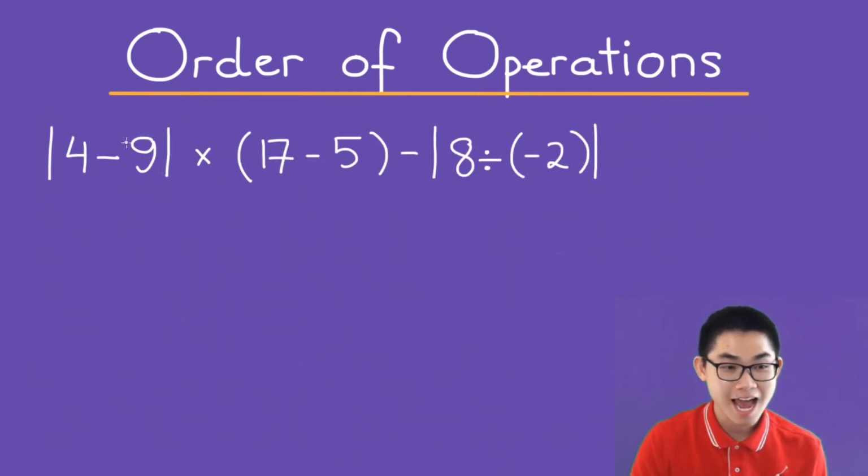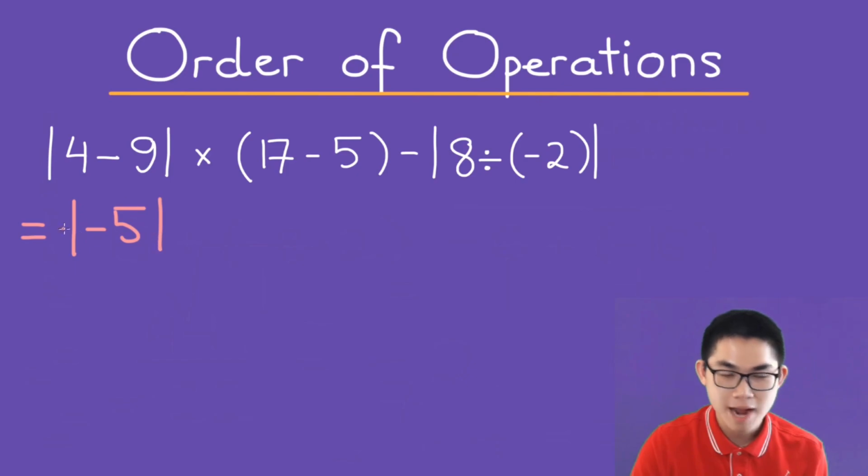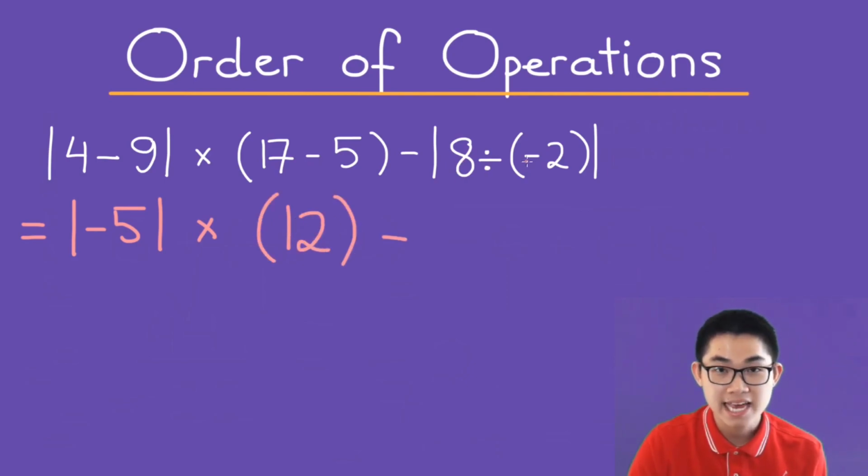What if there are absolute values? Well, you treat the absolute values like its own brackets. So we have 4 minus 9, that's going to be negative 5 in brackets, or absolute value of negative 5, times 17 minus 5 gives you 12, minus 8 divided by negative 2 is negative 4, or the absolute value of negative 4.